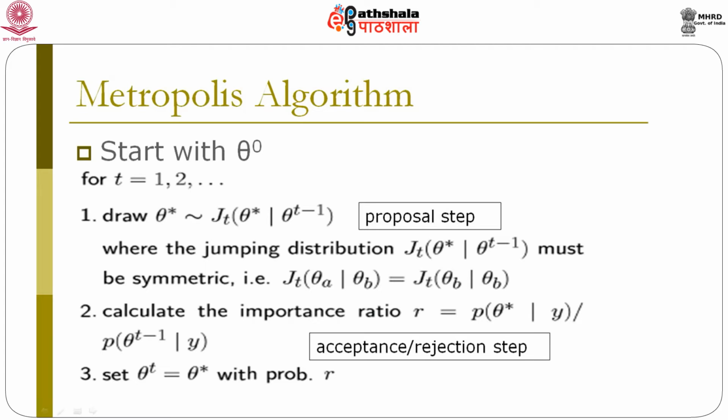And then calculate the importance ratio R, which is p of theta star given y over p of theta t minus 1 given y. So you know the posterior density form, but you do not know the constant or how to get it generated. Think of the example I mentioned, merging the normal likelihood with the Cauchy prior. You see that the form is known to me, but I don't know ultimately what the form of the distribution is, because the constant part is not known to me.